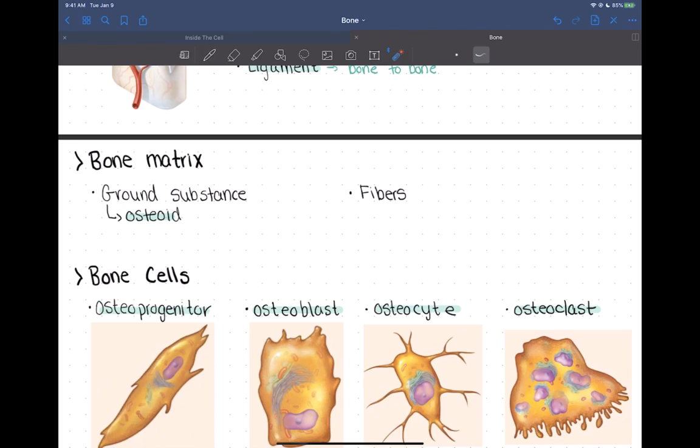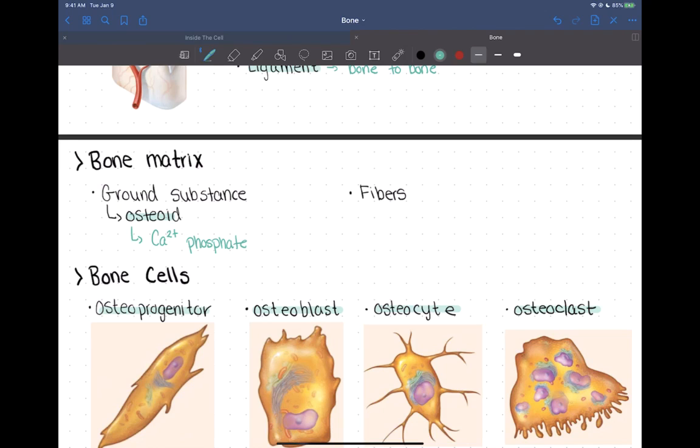All right, it's secreted by the cells that make bone as osteoid, and then that osteoid is gonna calcify into this really hard calcium phosphate matrix. Okay, so this would be calcium phosphate. All right, and remember, that's what makes bone really hard and tough.